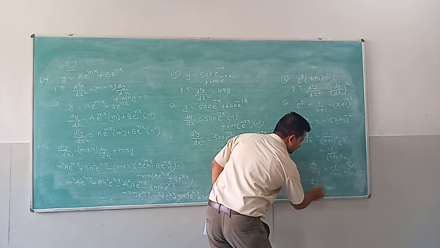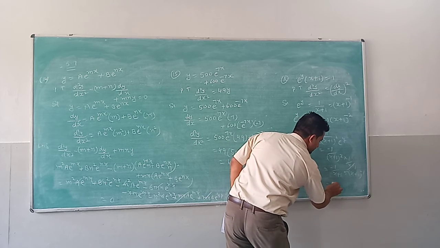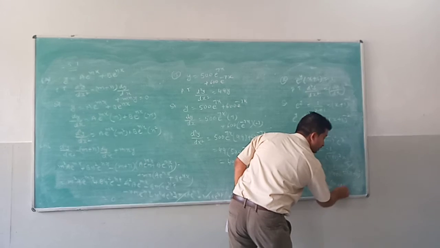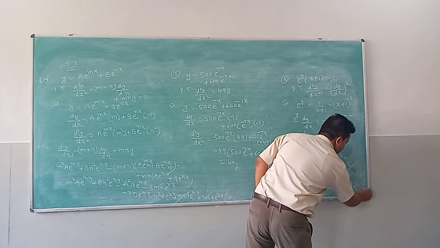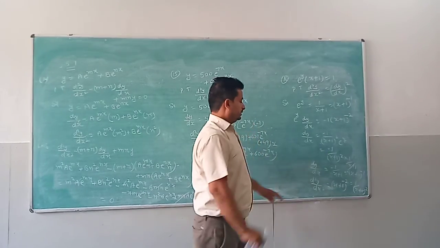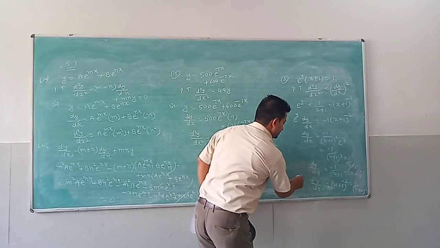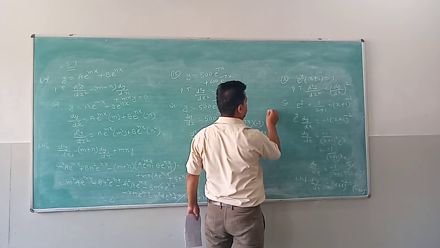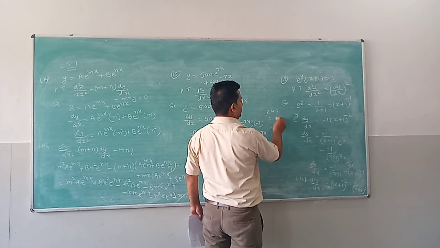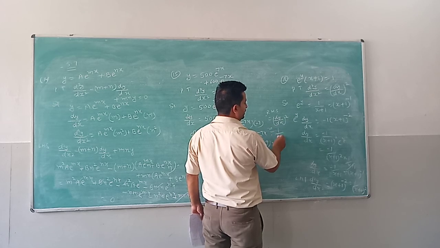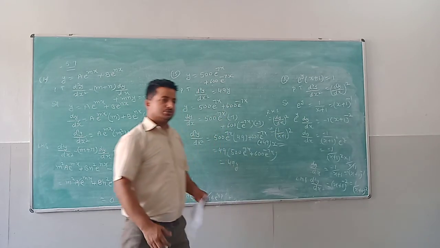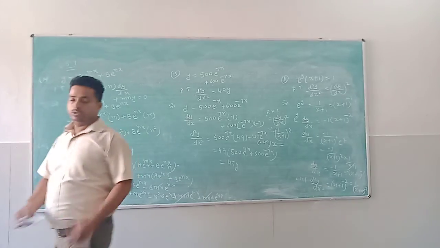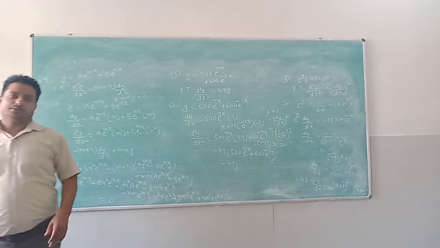When we differentiate again with respect to x, this is (x plus 1) whole power minus 2, which is 1 over (x plus 1) whole square. In this, the left hand side is this and the right hand side is (dy upon dx) whole square, which is again 1 over (x plus 1) whole square. These are the solutions of these questions. So solve all these questions and thanks.